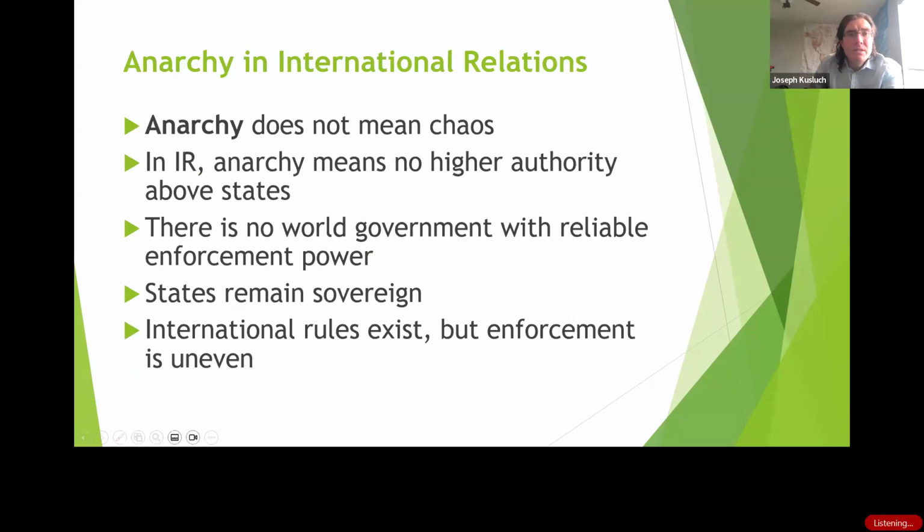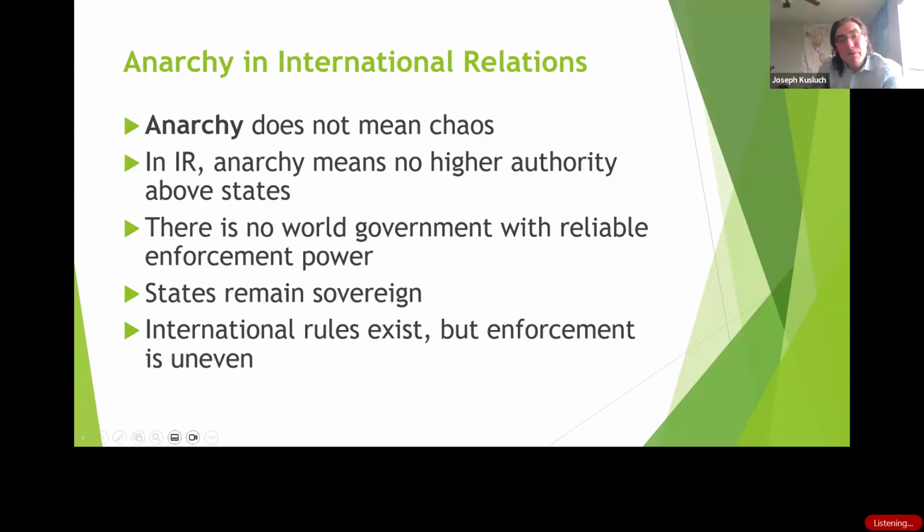So, as we have seen throughout our lectures thus far, the central concept to realism is this idea of anarchy. When we talked about liberal internationalism, we talked about how liberals try to handle a world of anarchy, and that idea is really rooted and built into realism.